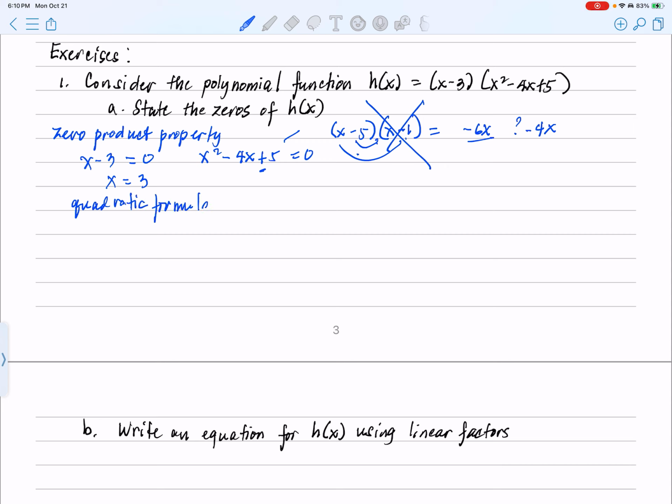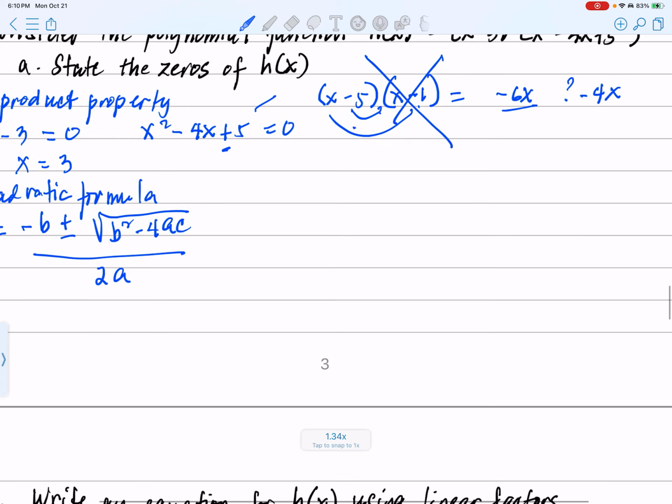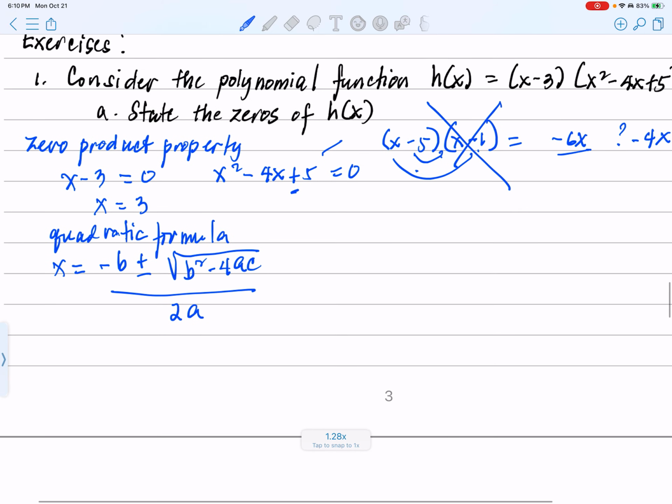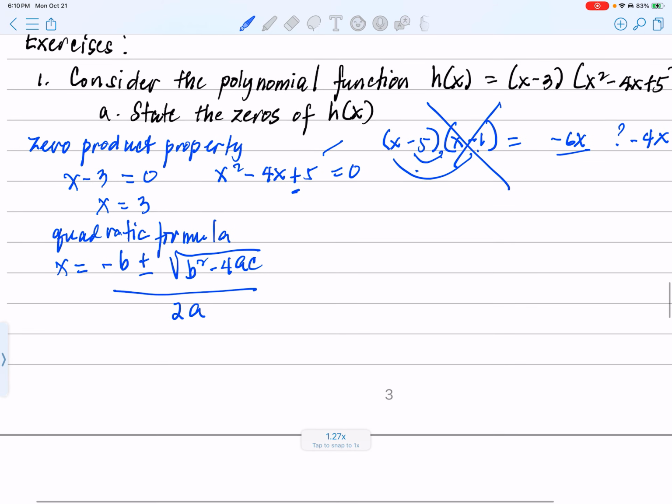Remember the quadratic formula? We can get the roots by using it. x equals negative b plus or minus the square root of b squared minus 4ac, over 2a. First we identify a is 1, b is negative 4, and c is 5.